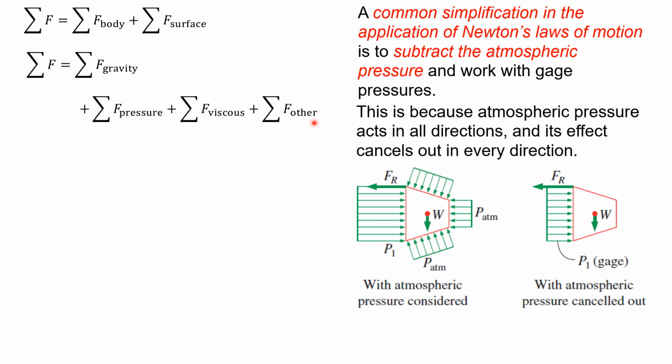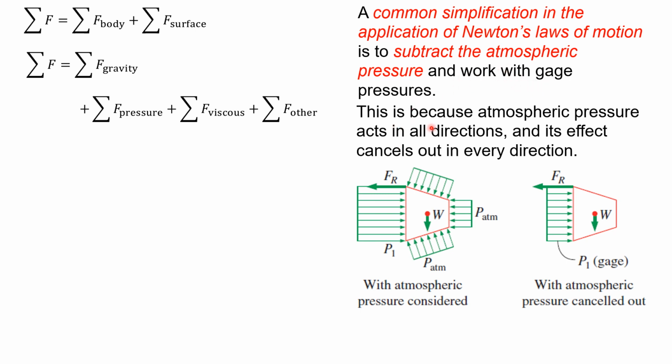Okay, a common simplification in the application of Newton's law of motion is to subtract the atmospheric pressure and work with gauge pressure. I think we have seen this in the previous lectures. So why can we subtract the atmospheric pressure and only work with the gauge pressure?